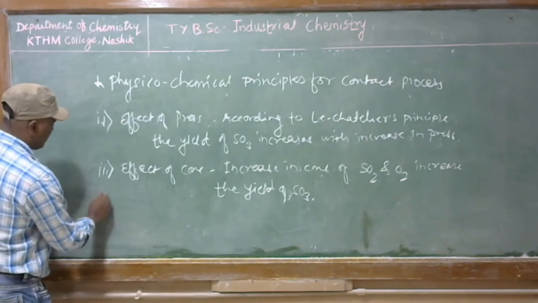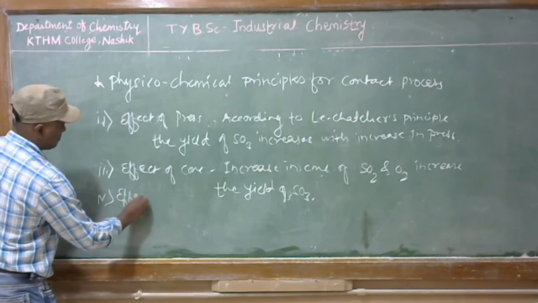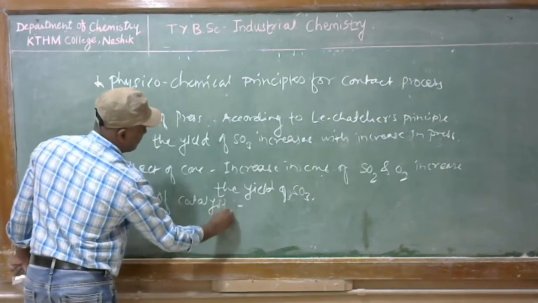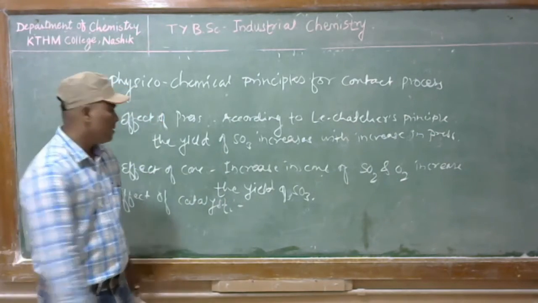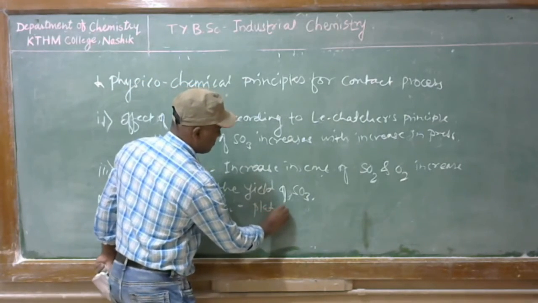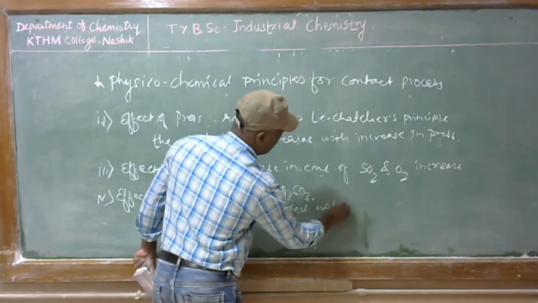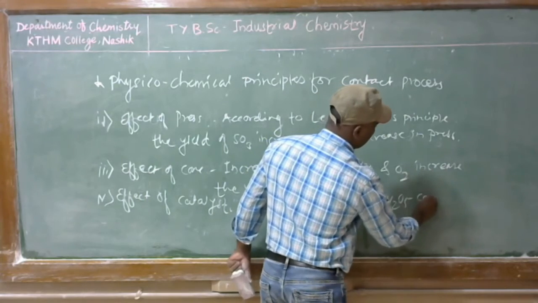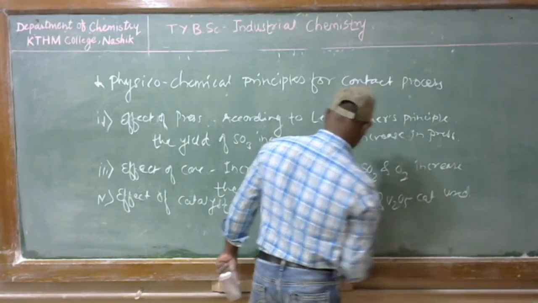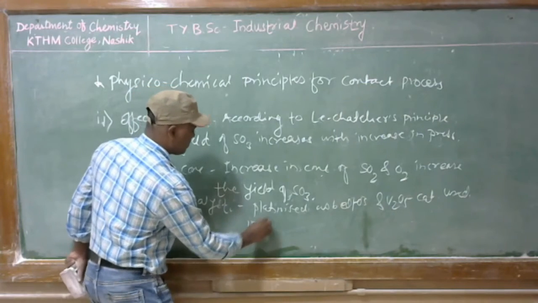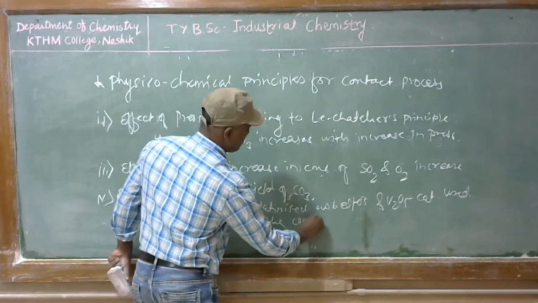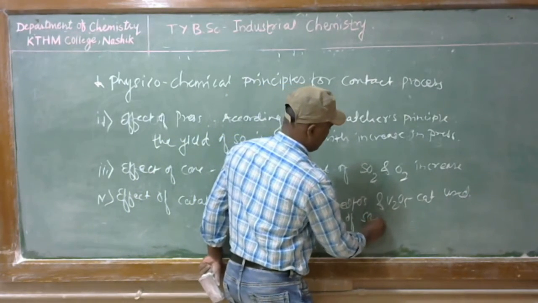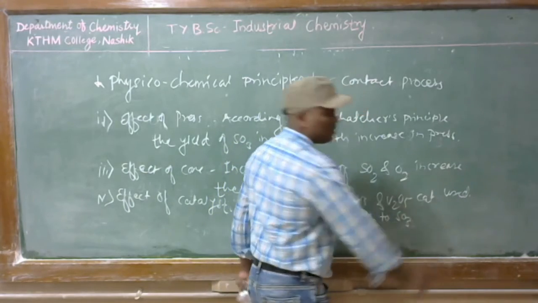And talk of the catalyst, as I told you at the outset of the class, platinized asbestos and vanadium pentoxide catalyst are used in the conversion of SO2 to SO3.